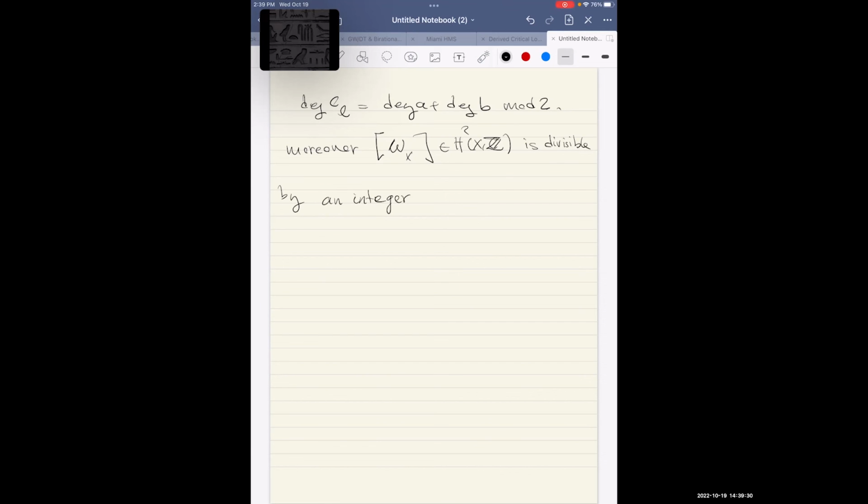Let's call that integer R. Then we can actually see that the degree of CL is congruent to degree of A plus degree of B mod 2 times this integer.